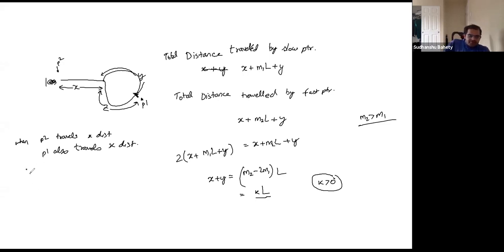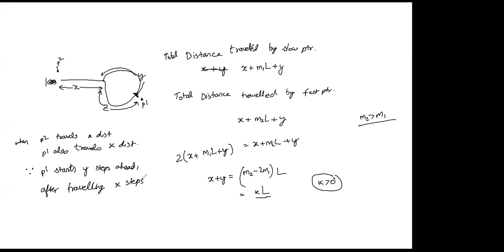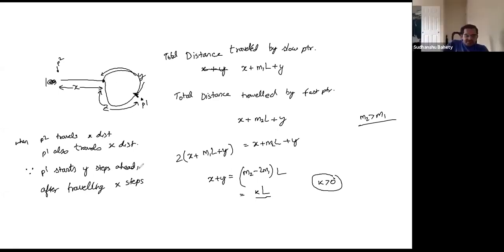So since P1 starts Y steps ahead of the starting point of the cycle, after traveling X steps, it will have traveled some multiple of the cycle.